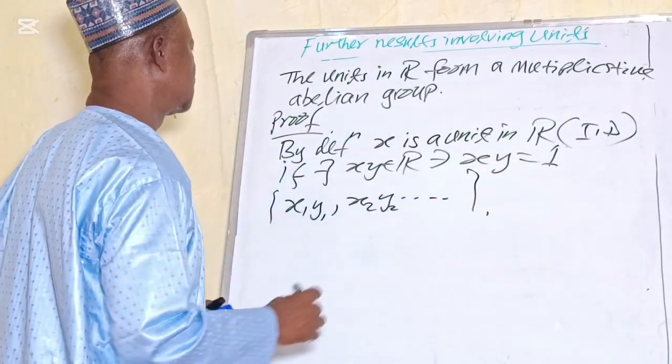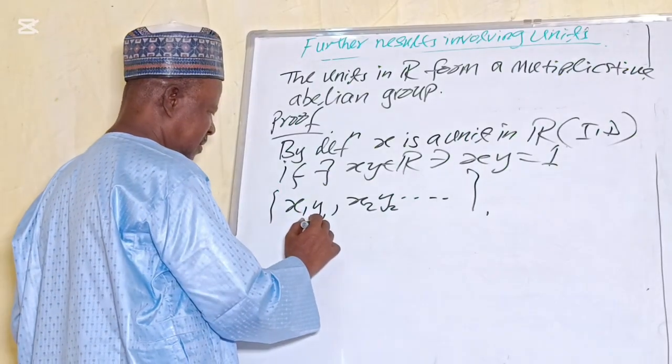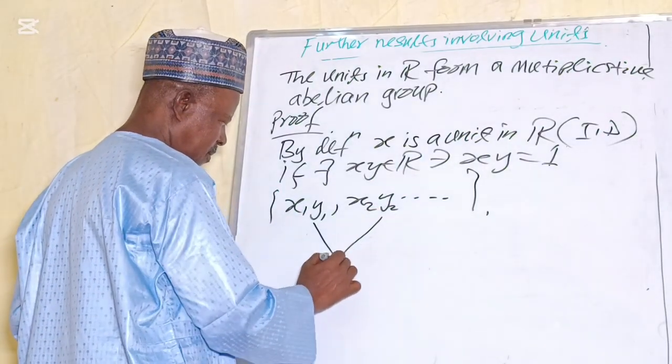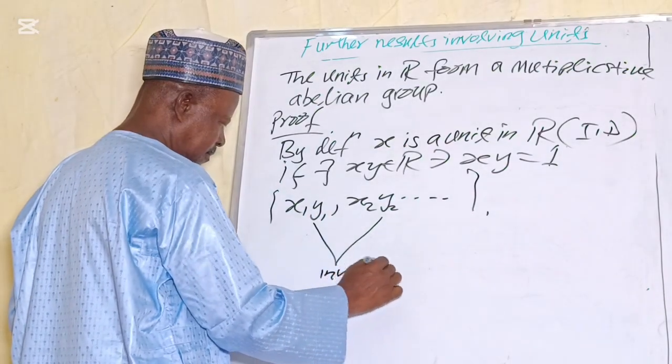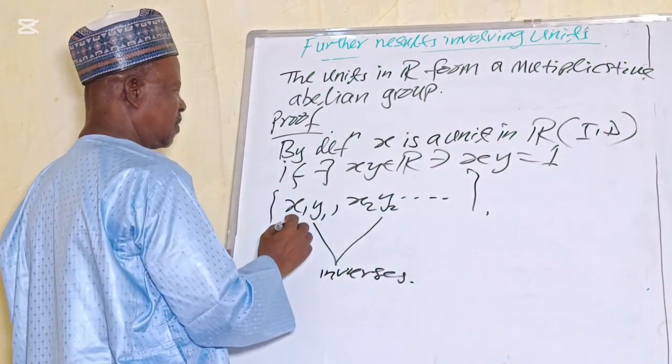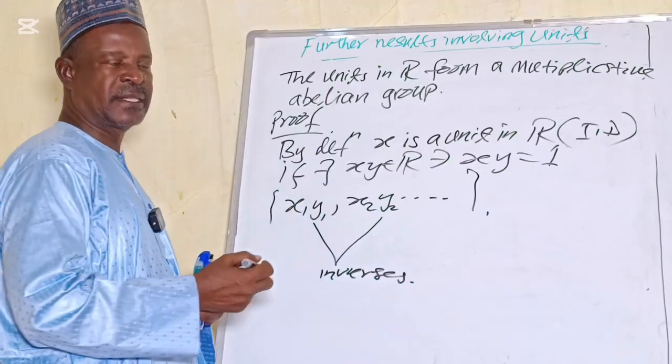If you collect this, you find out that these y's are going to be inverses, while the x's are going to be the elements.